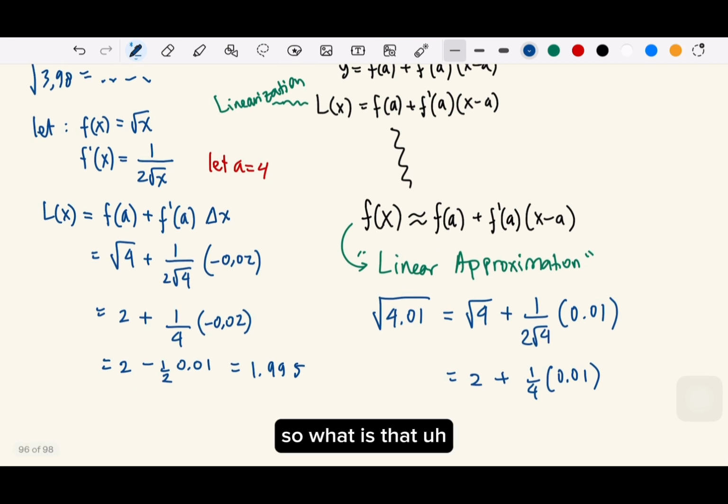So what is that? 0.25. 0.25 divided by 100.